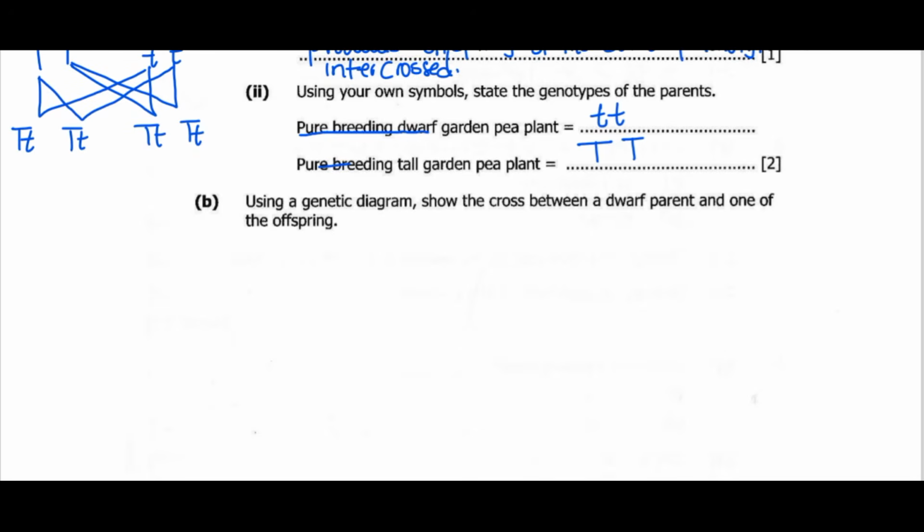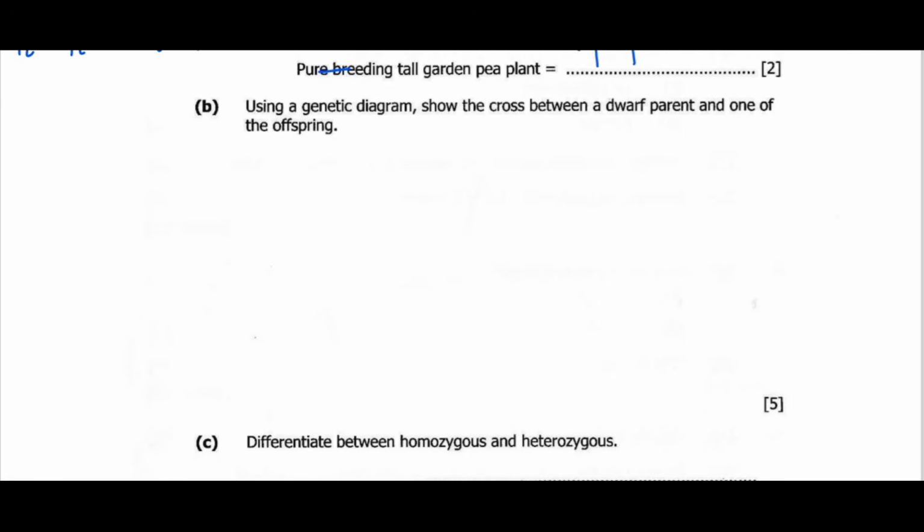So we know that the offspring will have a capital letter T and small letter t. Then we'll have a dwarf parent, with small letter t.